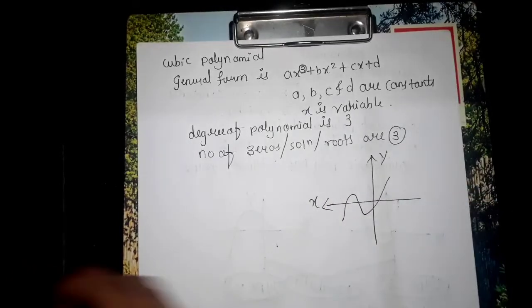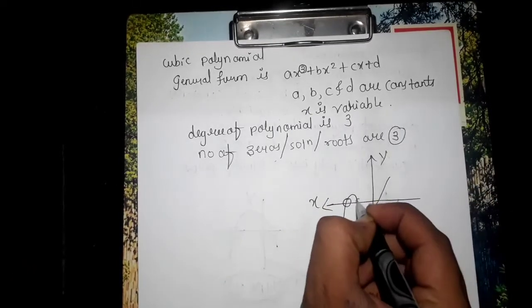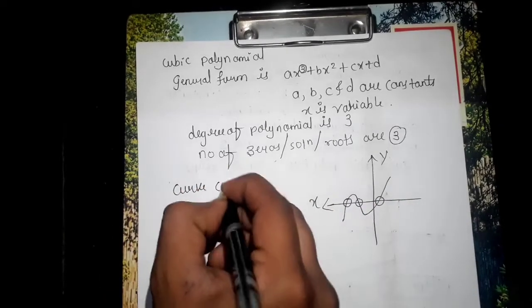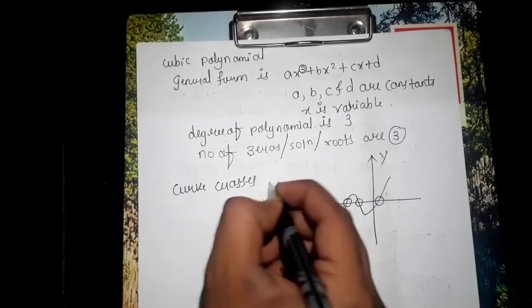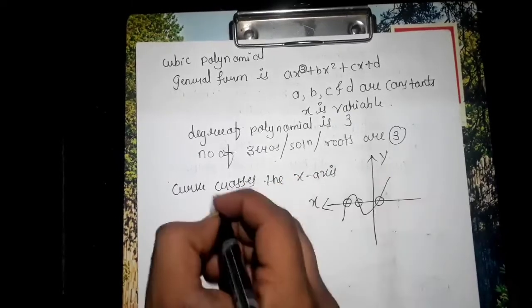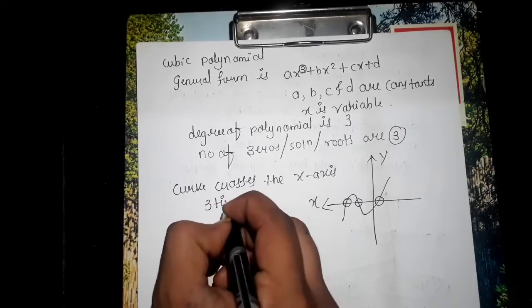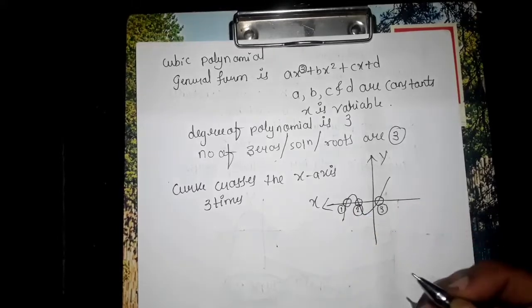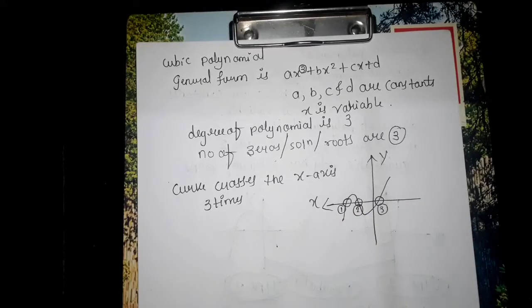In cubic polynomial, curve crosses the x-axis thrice. That is 1, 2 and 3. Next comes the relation between zeros and coefficient.